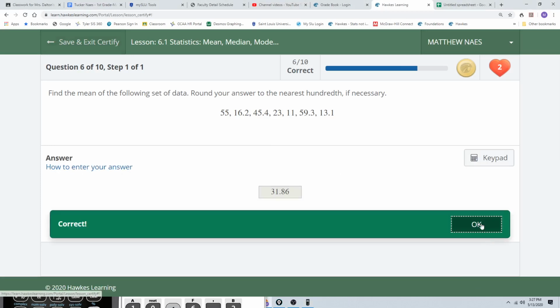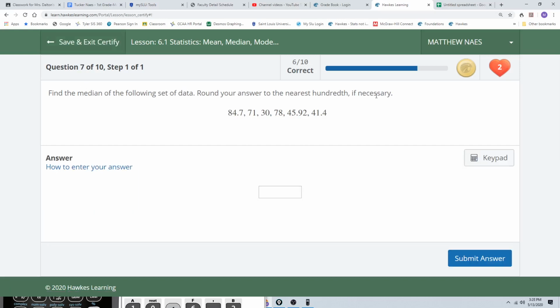All right. Median again. Here we have 1, 2, 3, 4, 5, 6 numbers again. That means we're going to have to find our middle two and then average them. My smallest number is 30, followed by 41.4, followed by 45.92, then 71, 78, and 84.7.